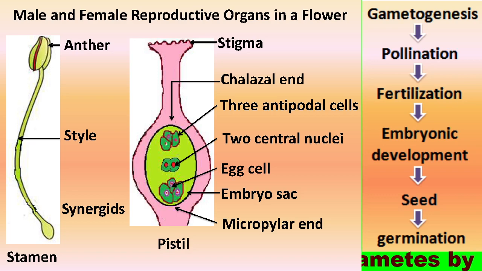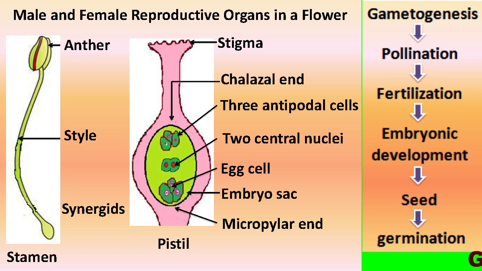A stamen has two parts, an anther and a filament. Anther is the part of the male reproductive organ where microsporogenesis, that is the production of pollen grain, occurs. The pistil is the structure in which the ovule is present.